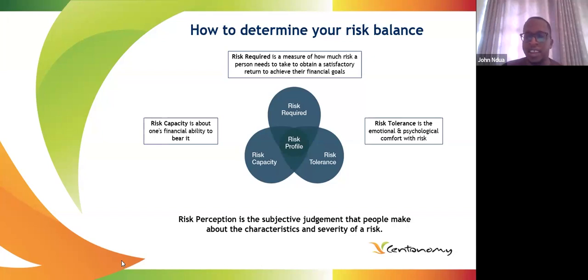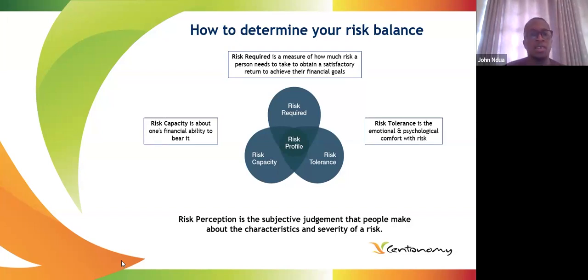You don't really need to risk your money. You are so close. You can even put it in the bank, earn a bit of interest here and there, and get to your goal. However, if you had 1 million and you're supposed to achieve the goal of 10 million, then you really need to take a little bit of risk to have that capital growth to achieve the 10 million.